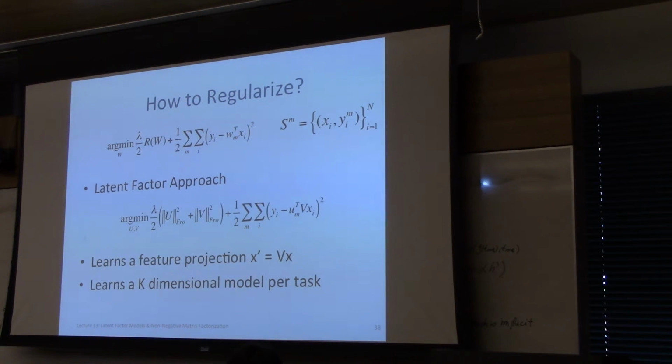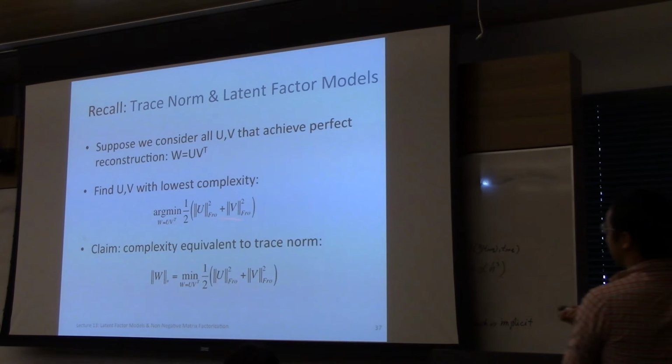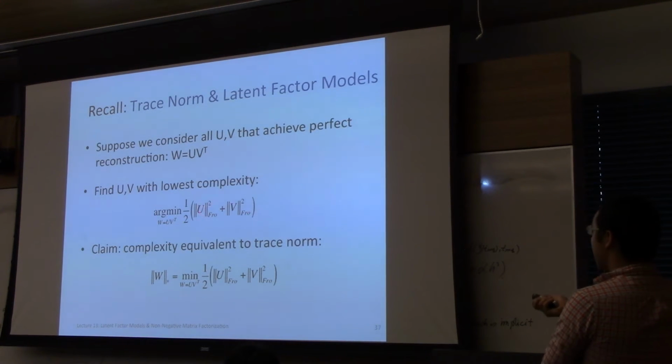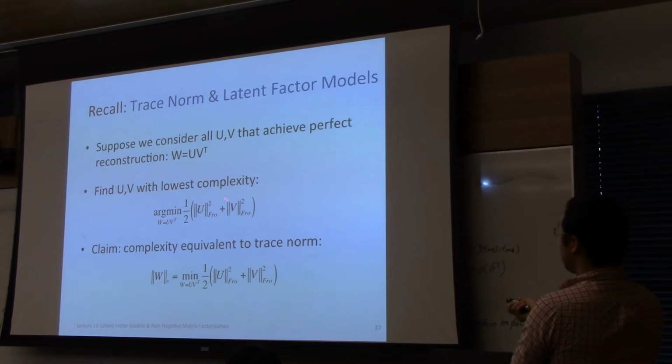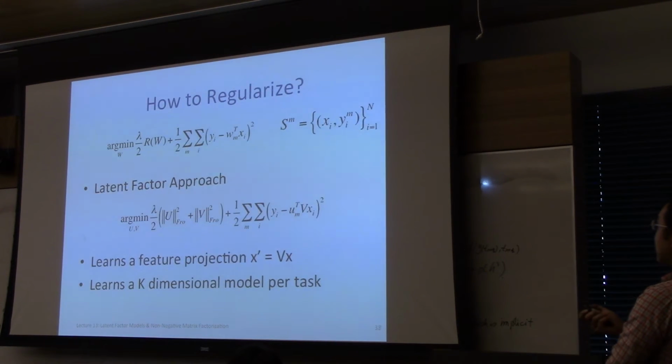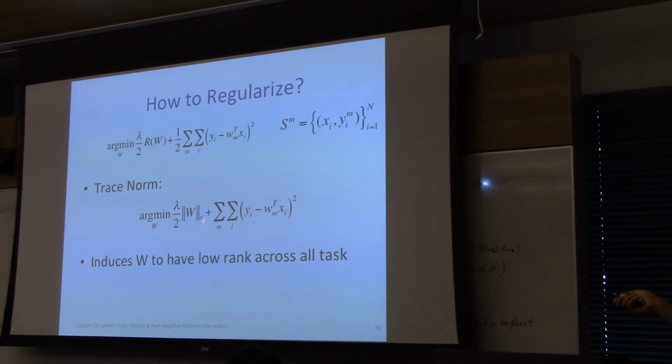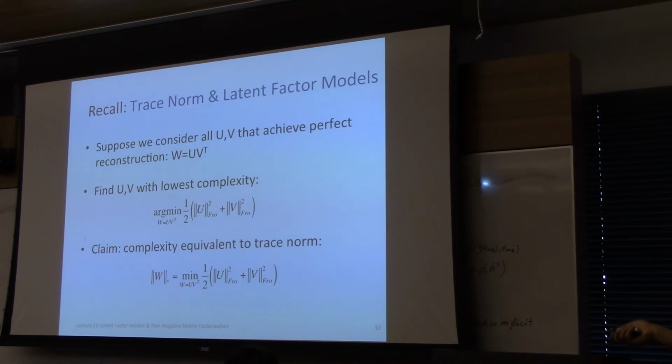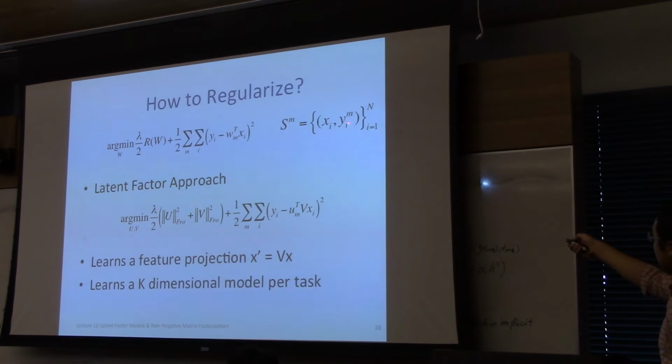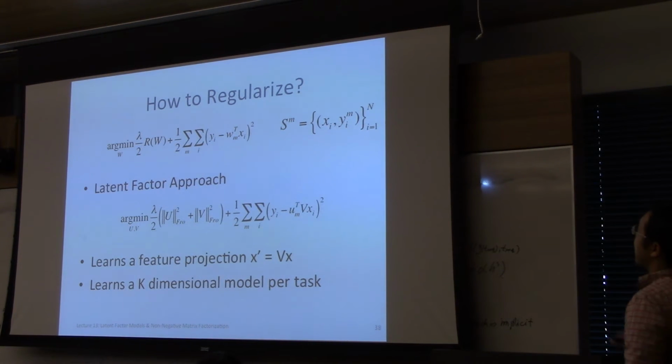Okay. So here's another way to do it. So recall that this is equal to this, for sufficiently large U and V. So instead of optimizing over the trace norm of W, we can optimize over two matrices U and V. Now, we observe X and Y, for X the features of some item, and Y the ratings that user M gives to item I. And again, there should be a superscript M here.